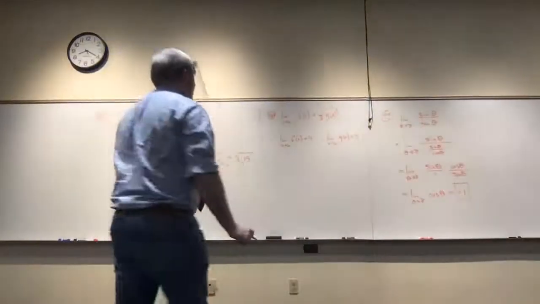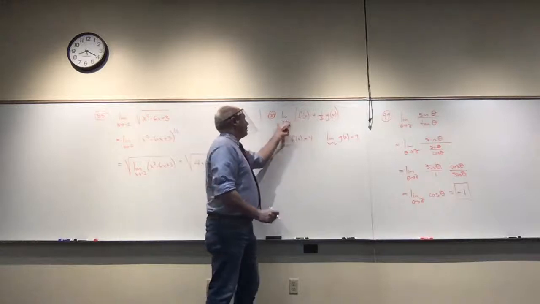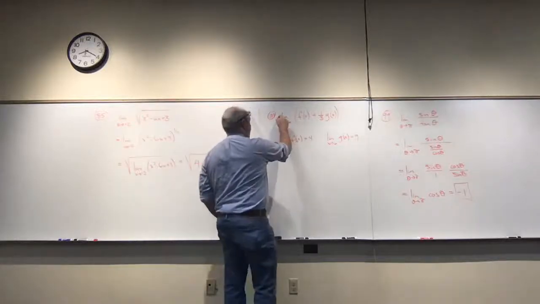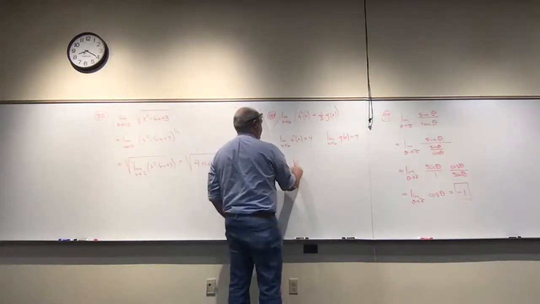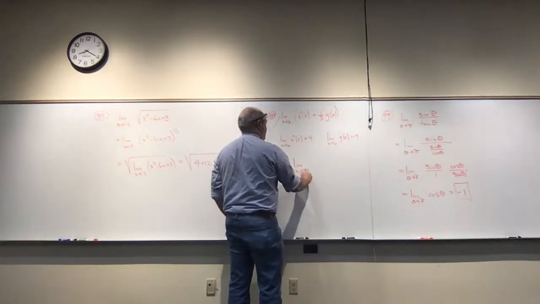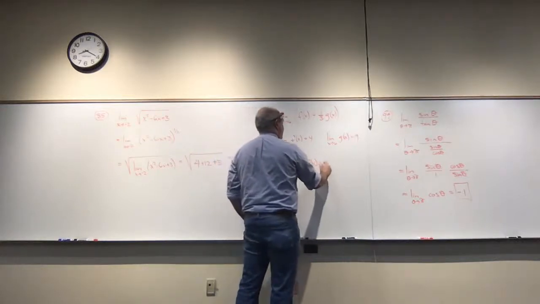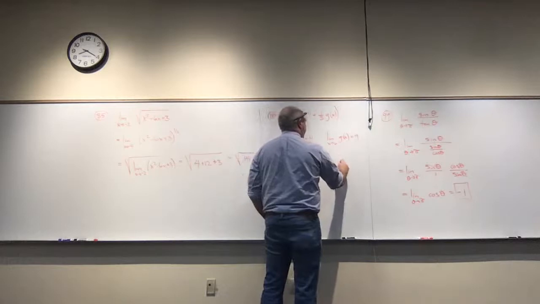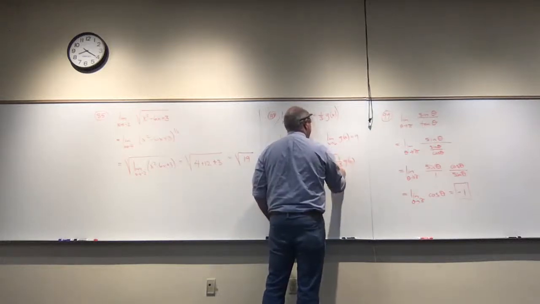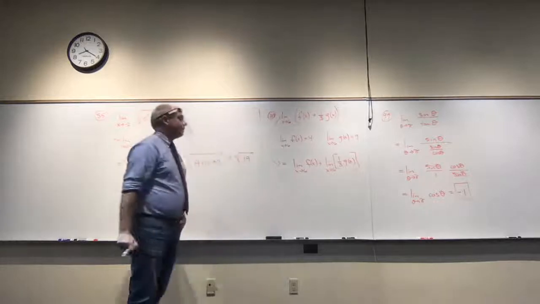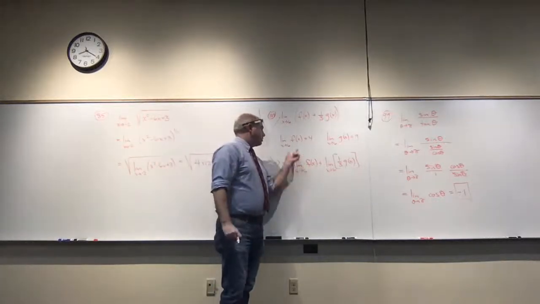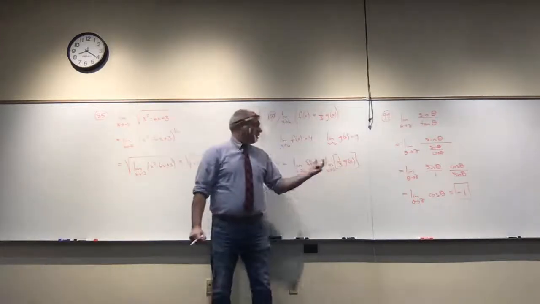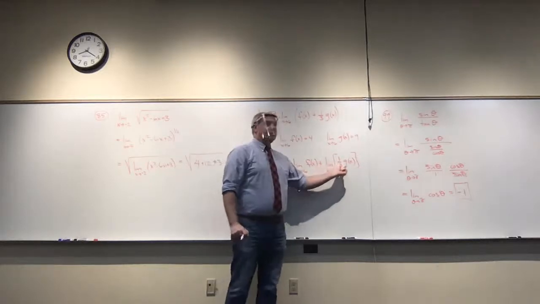What the limit laws basically tell us is that I can distribute the limit across an addition sign. So instead of this, I can write this as the limit as x goes to 6 of f of x plus the limit as x goes to 6 of 1/3 of g of x. Obviously this one we already know, that's exactly 4. This one we don't know, but another rule of limits is that constants can pass through limits.